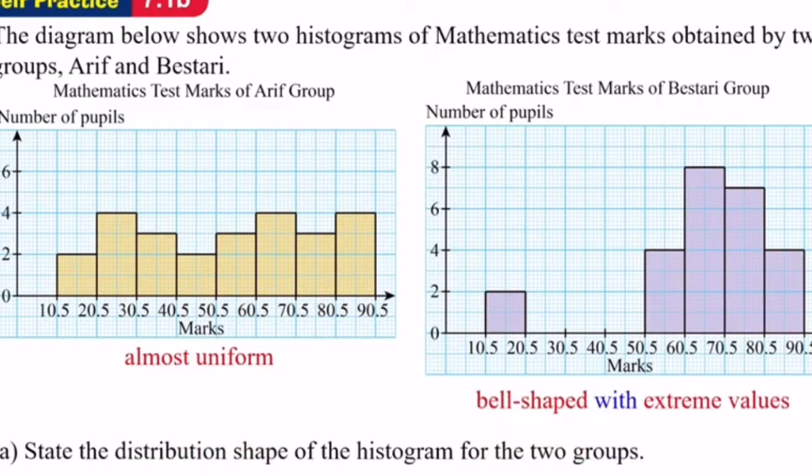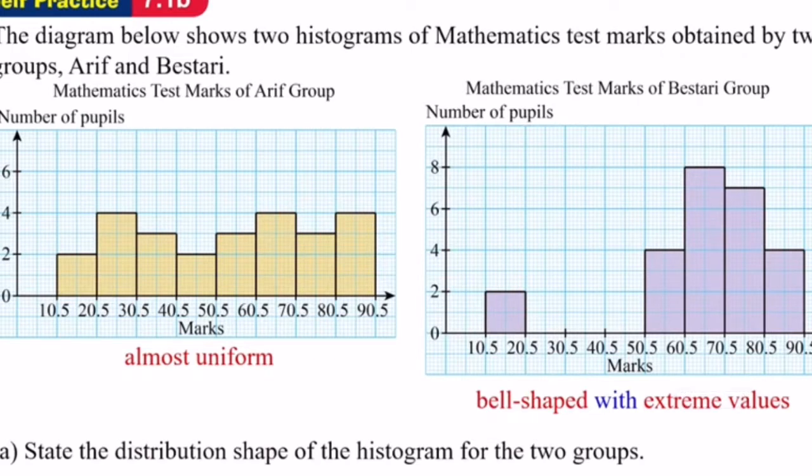So when you see the test marks for the Bestari group, those students who score very high marks, the quantity is many, right? We have more students. For example, 60 to 70, in that interval, we have 8 students. So those students who score high marks are quite many.